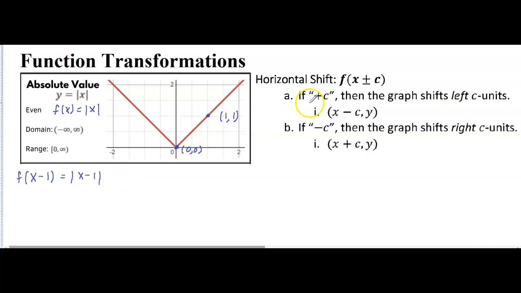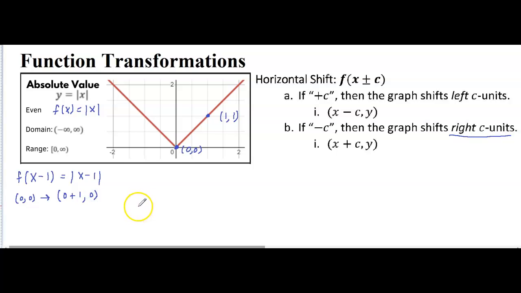And what this is saying is that if we have a minus c, then the graph shifts right c units. So what we can expect from our points, for example, the point 0, 0, is that the x, 0, should be plus 1, and then that the y should stay the same.